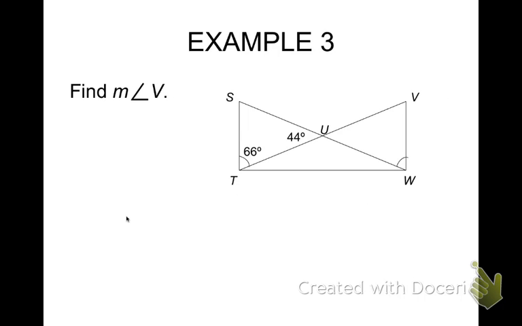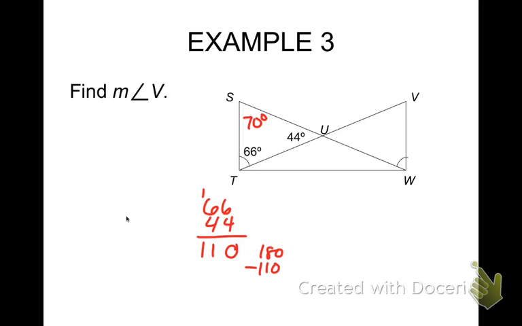We need to find the measure of angle V. So let's start filling in what we do know. Here I have a 66. Here I have a 44. What would S be? 22. So 66 plus 44 is 110, 180 minus 110 puts us at 70.